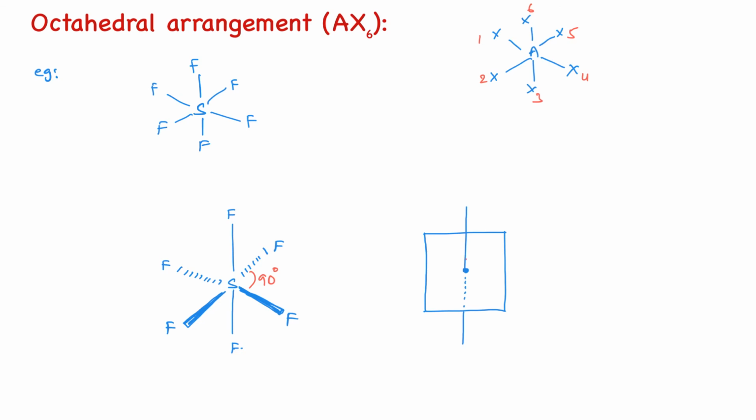Now imagine that the center of the square is the central atom, that is sulfur, and 4 of the fluorine atoms are pointing towards 4 corners of the square, and the remaining 2 fluorine atoms point towards both the ends of the pencil, one above the square and one below the square.